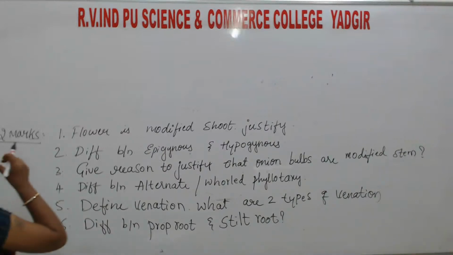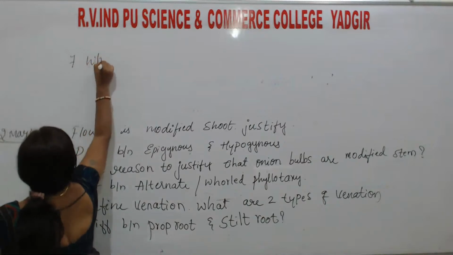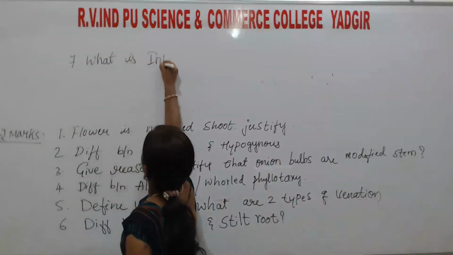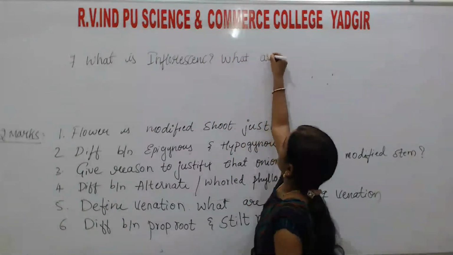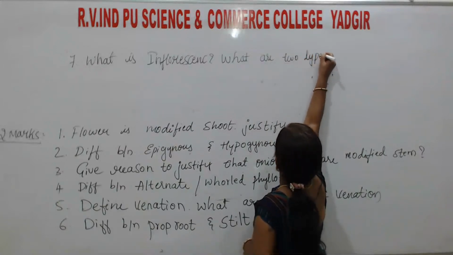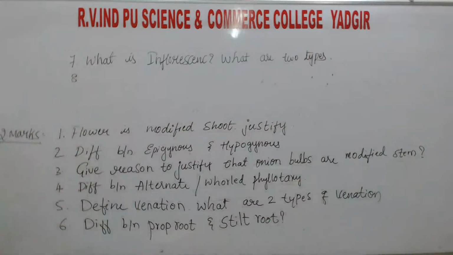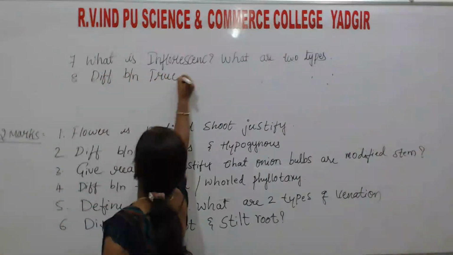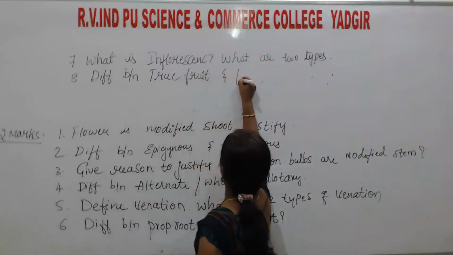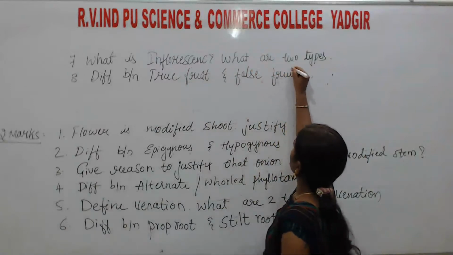What are its two types? Differences between true root and false roots.